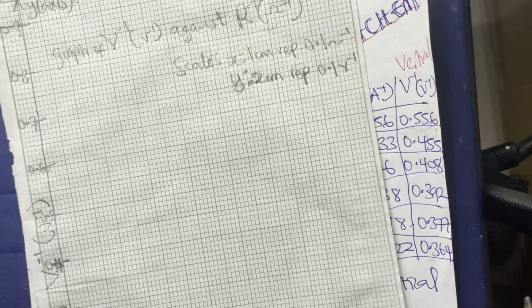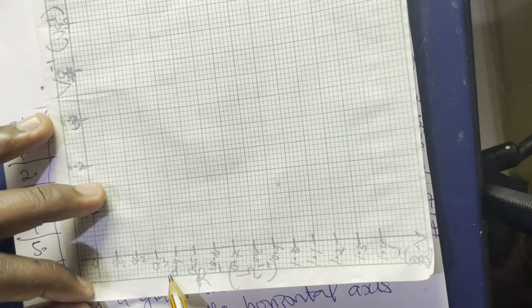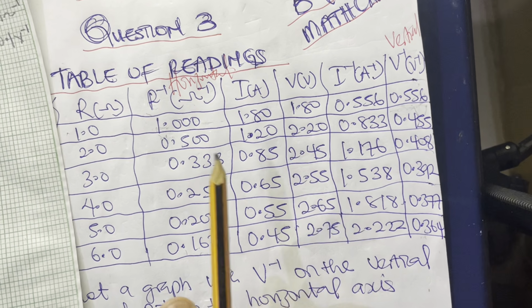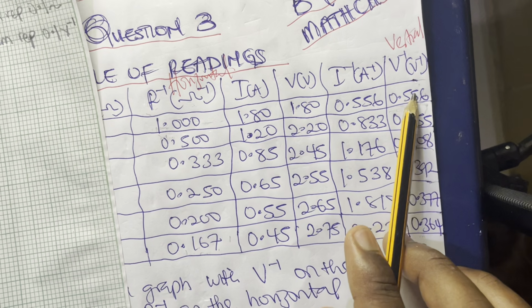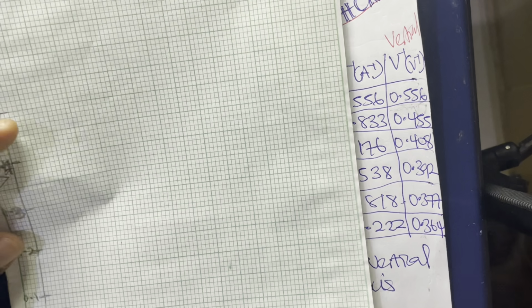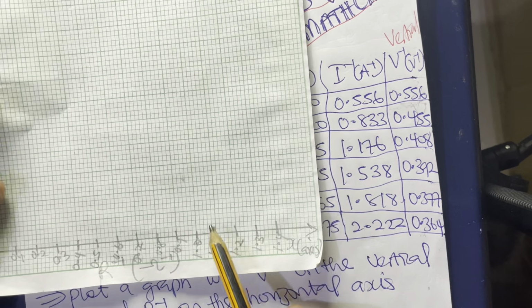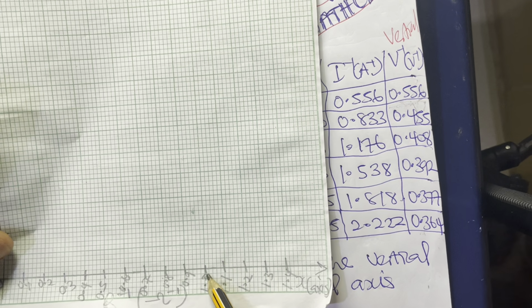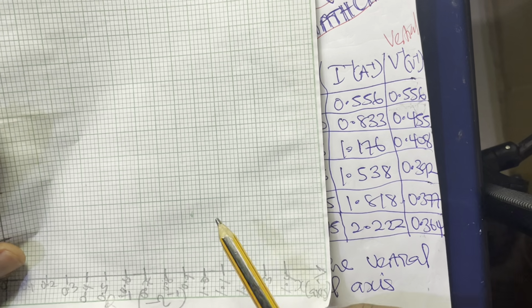So let's check it here. This is 1. Okay, if this is horizontal, yeah, 1. So 1, which is here, under is 0.56. Let's trace it.